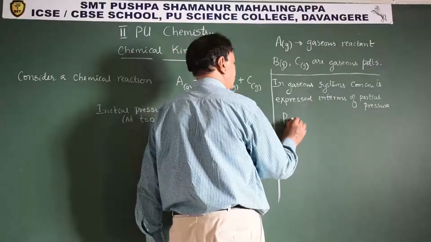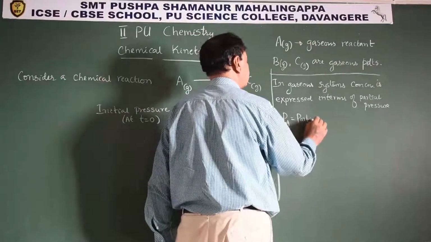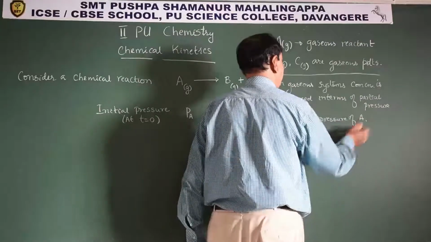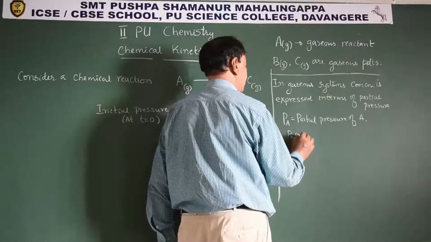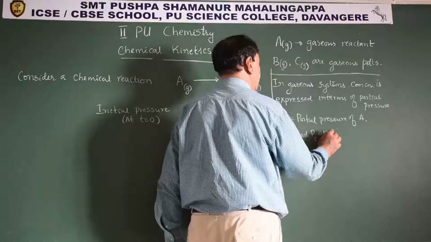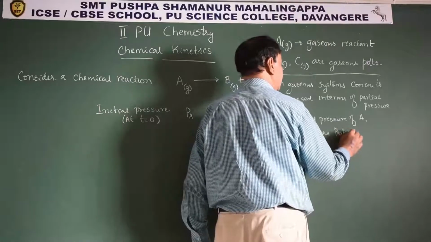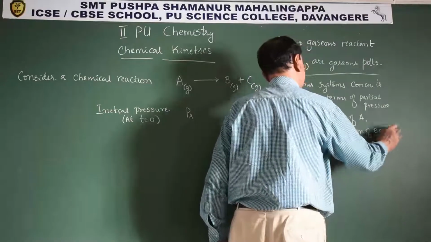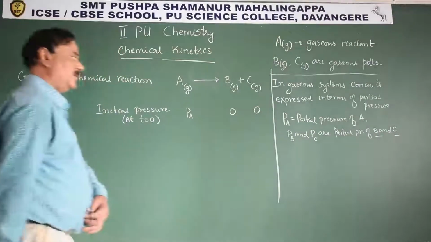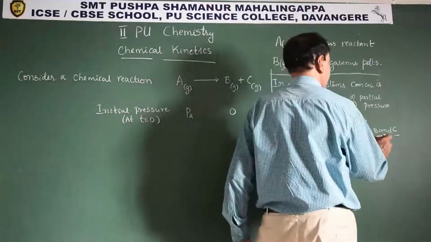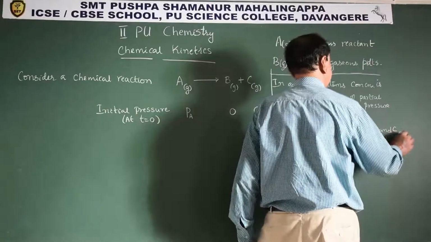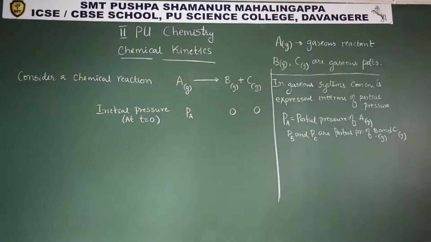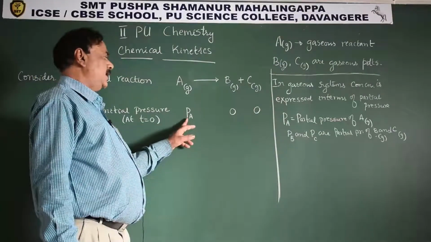PA is the partial pressure of A. PB and PC are the partial pressures of B and C. Initial pressure is given by PA.